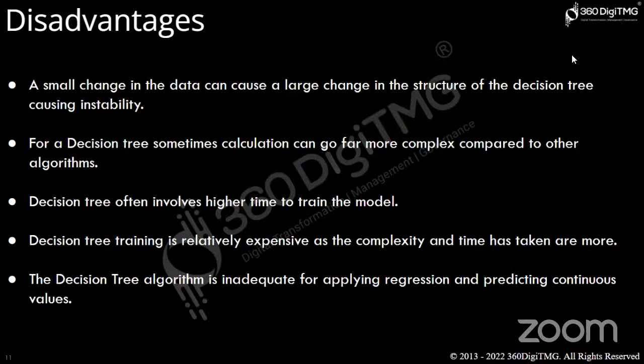And one more disadvantage is that decision trees tend to overfit. Overfitting is always a factor that we have to look into when it comes to decision trees.